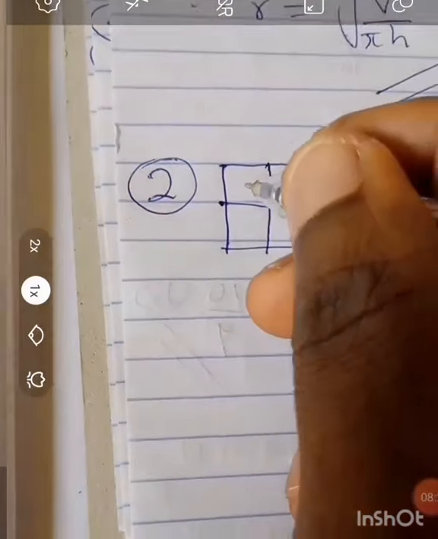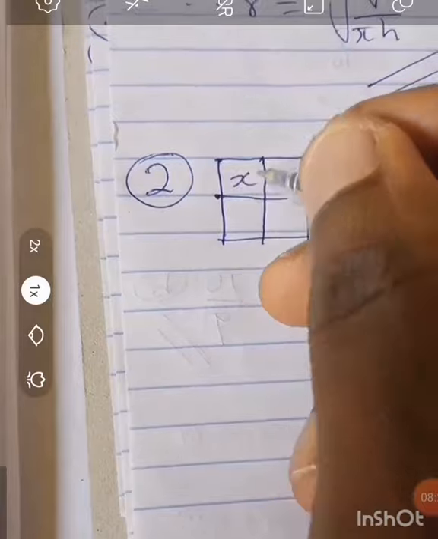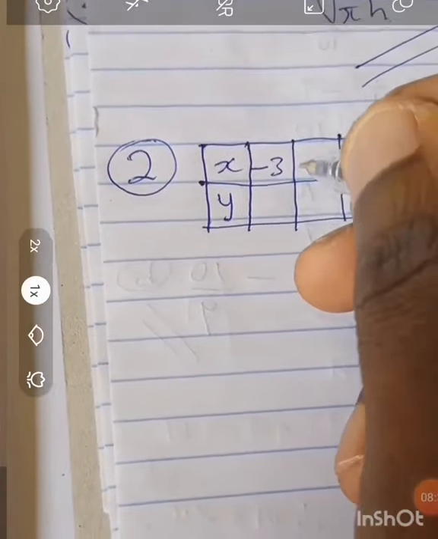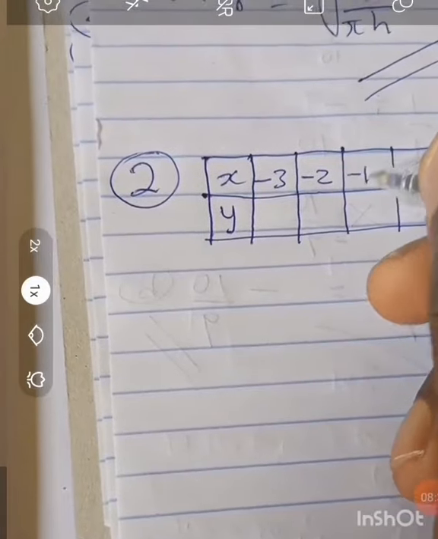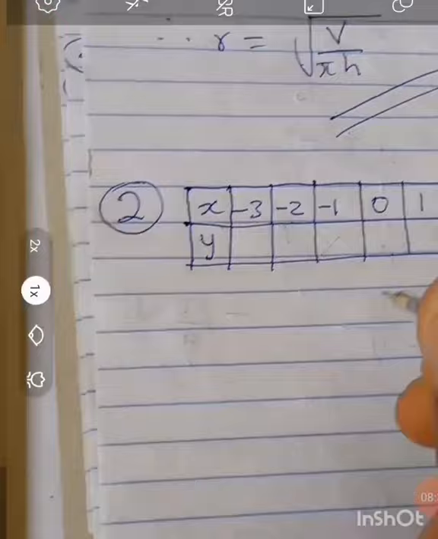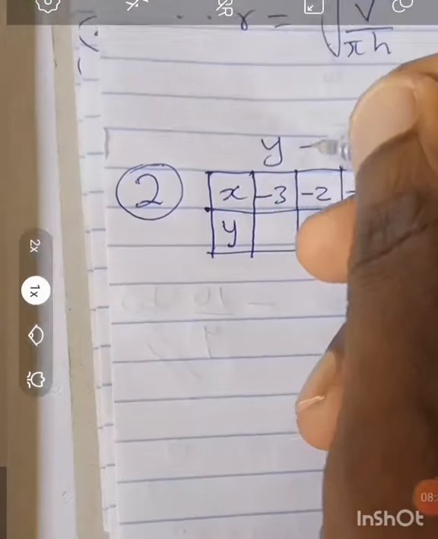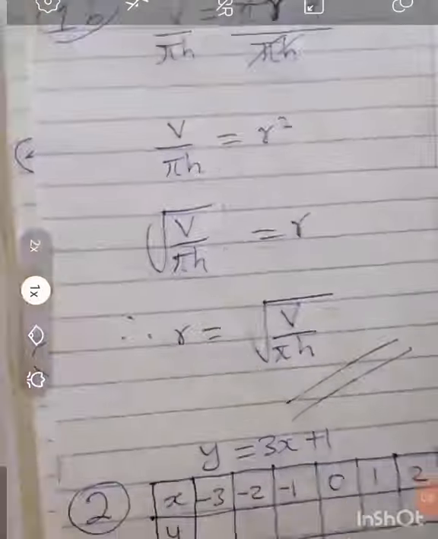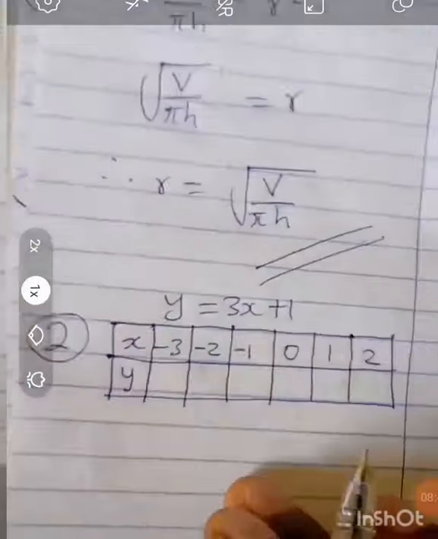I have my x, I have my y, -3, -2, -1, 0, 1, and 2. And the equation is y equals 3x plus 1, which I write up here. So for me to fill this up, I have to solve for each of them.